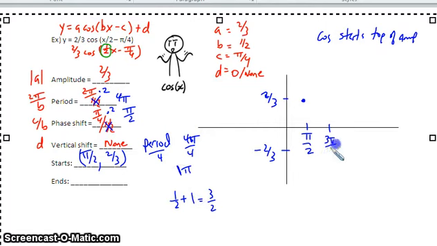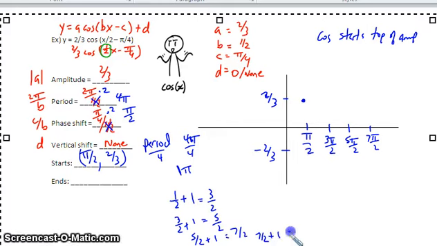To that 3/2, I'll add 1, and that's going to make 5/2. So my next point would be 5 pi over 2. To that 5/2, I'm going to add 1, and that's going to make 7/2. And then I got to do that one more time, so to 7/2, I'll add 1, and that makes 9/2. So that's going to be 9 pi over 2.